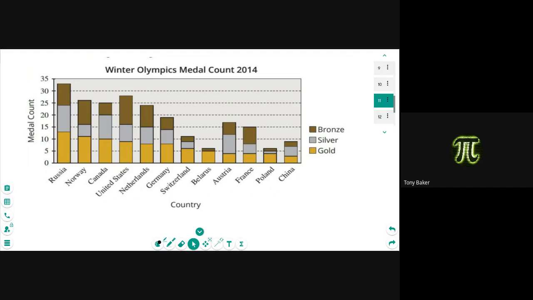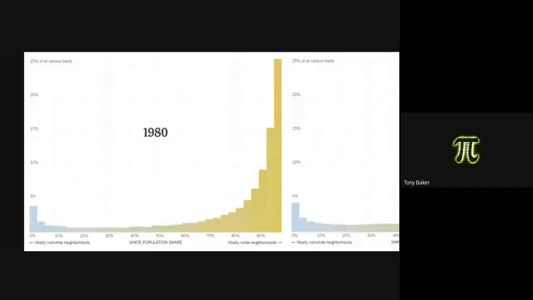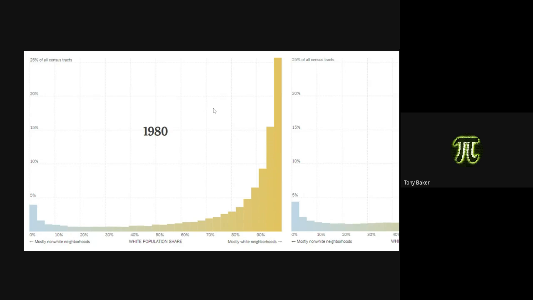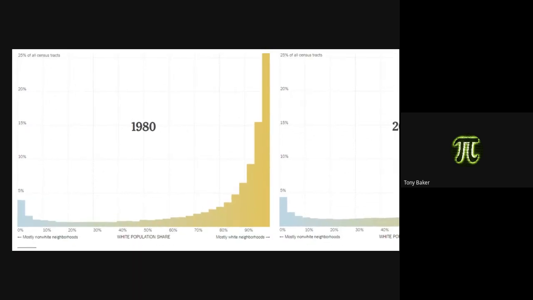All right. Is this a bar graph? Yes. Okay. So this is the percentage of neighborhoods, and the percentage of whites in a specific neighborhood.